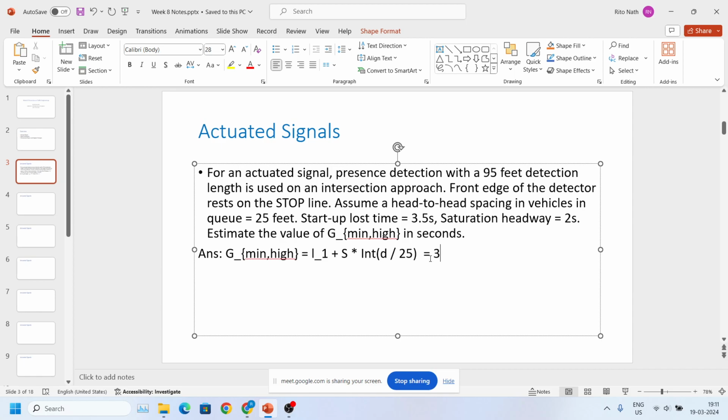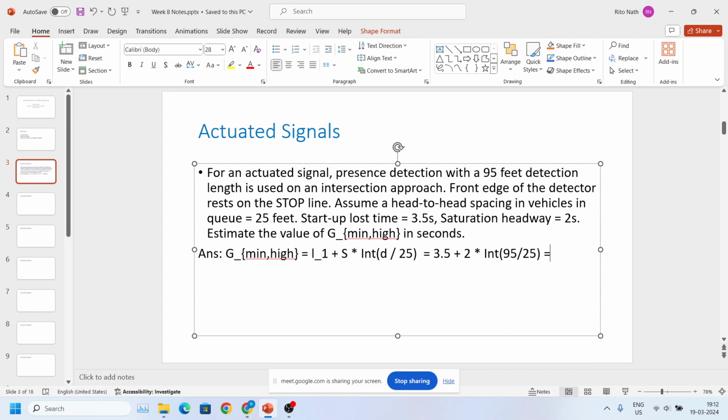So you can write L1 equals 3.5, which is the startup loss time, and then you have the saturation headway, which is 2 times this. You can write it as int of D, which is the presence detection with a 95 feet detection length. So that's 95, and then you have to divide it by 25. So that's pretty much it.